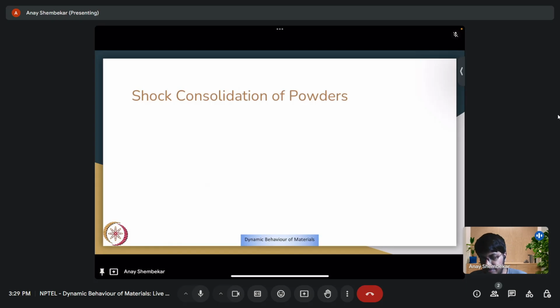That covers an overview of explosive welding. Next application is regarding shock consolidation of powders. So shock consolidation.